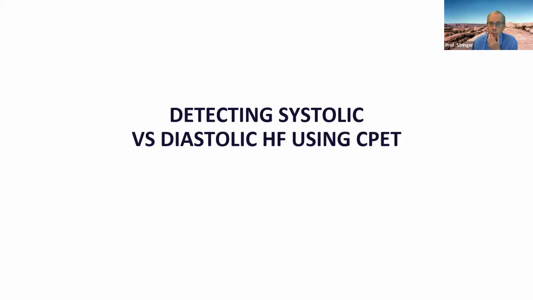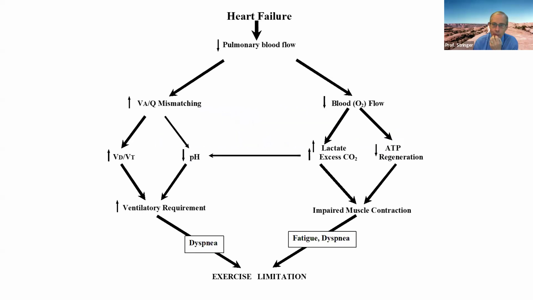There were a bunch of questions about systolic versus diastolic heart failure, and unfortunately, we're not going to put the echo people out of business. You're still going to need an echo to know what their ejection fraction is, but what I'm going to show you is that heart failure, whether preserved or reduced ejection fraction, obviously has difficulties with pumping blood.